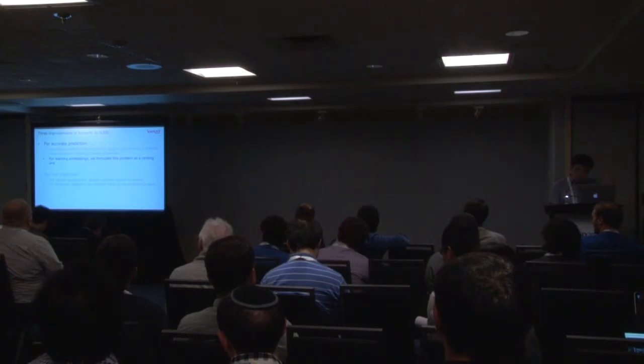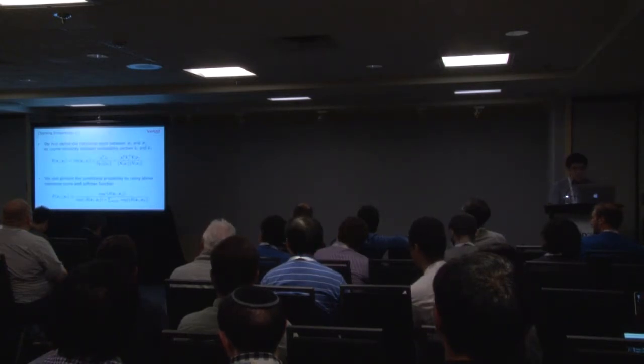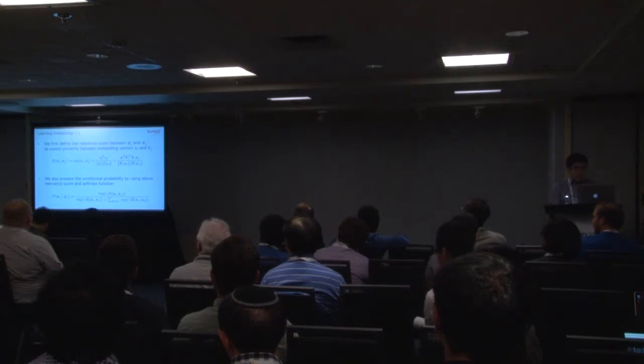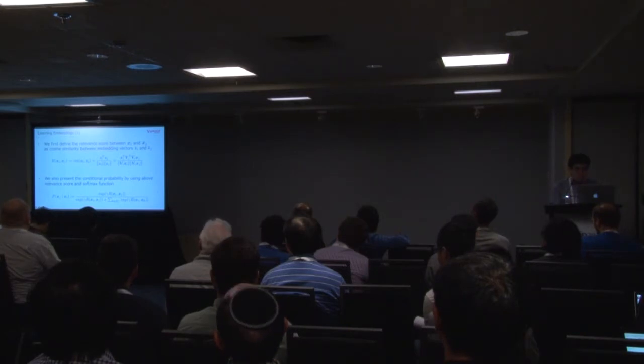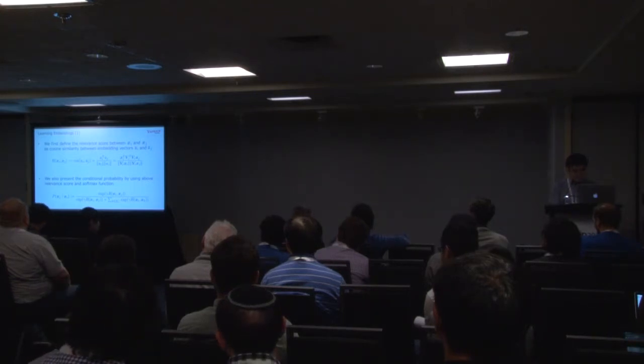Second, we describe how to learn embeddings. We have defined the relevance score as cosine similarity between embedding vectors zi and zj using projection matrices VC. We also present the conditional probability by using our relevance score, our cosine similarity, and the softmax function.